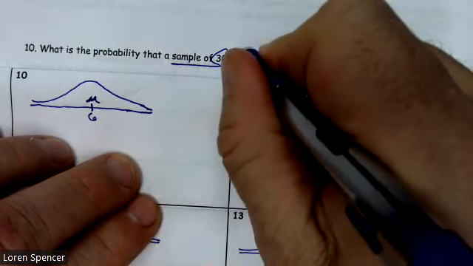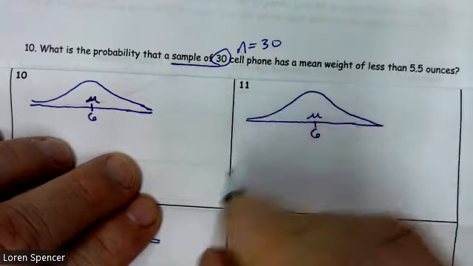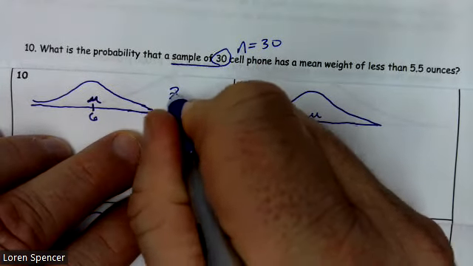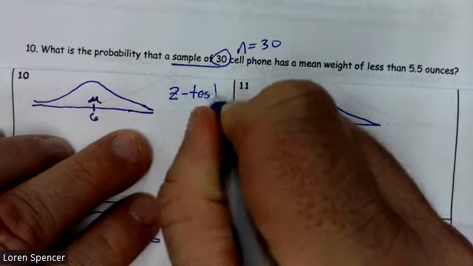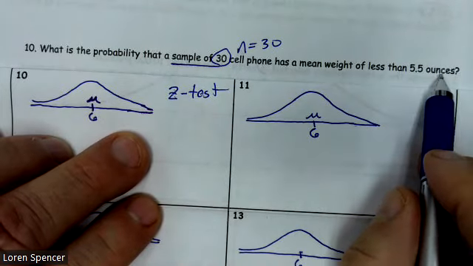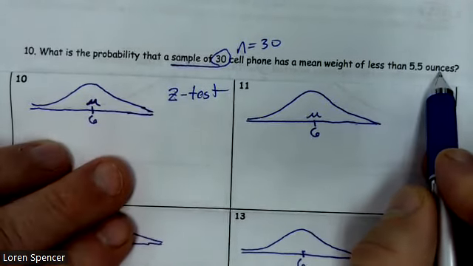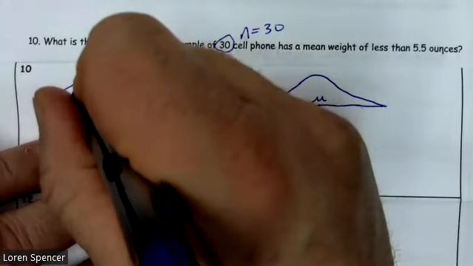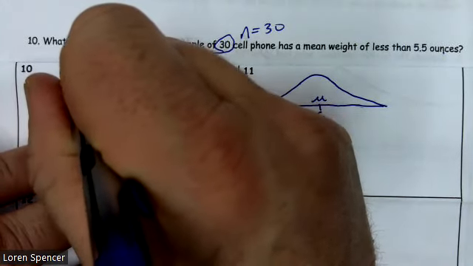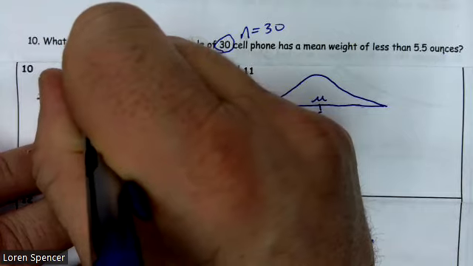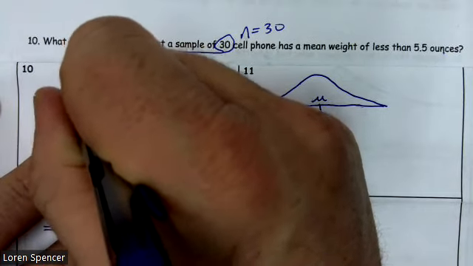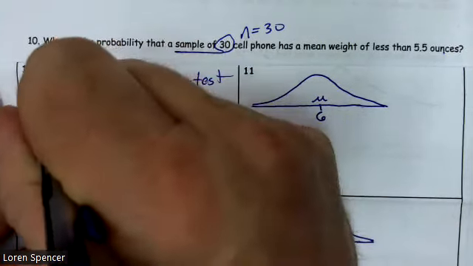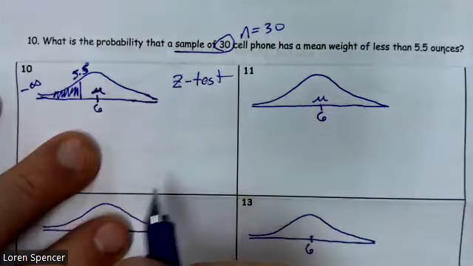So since our n is 30, which is not 1, this is going to be a z-test. So we want to know the probability that it has a less than 5.5. Well, if this is 5.5, we need to be less. And we're shading to negative infinity.